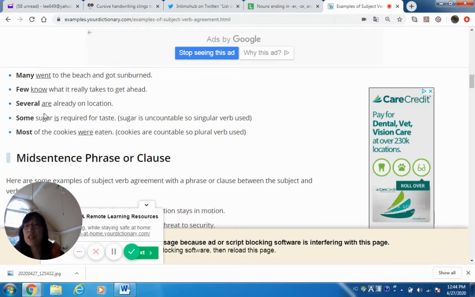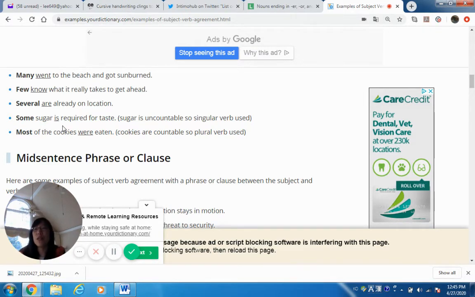Some and most, it just depends. Again, just like before. Some sugar is required for taste. You have to use is because sugar you can't count. But if you say some oranges are good, some oranges, because oranges you can count. When you cannot count, like some water is spoiled, some water, you cannot count water.